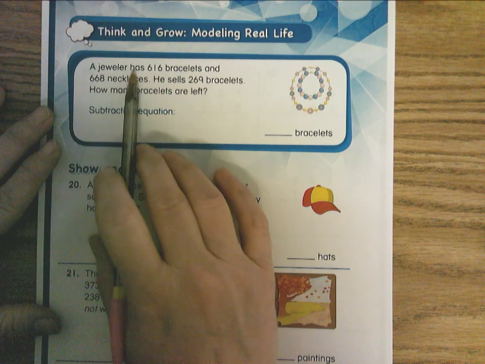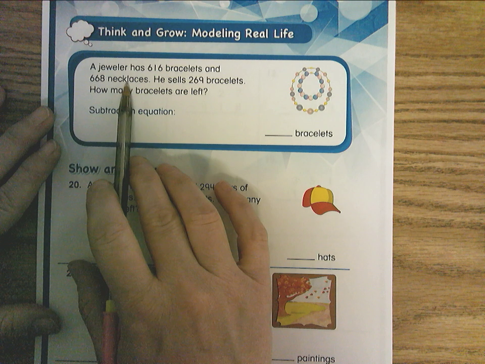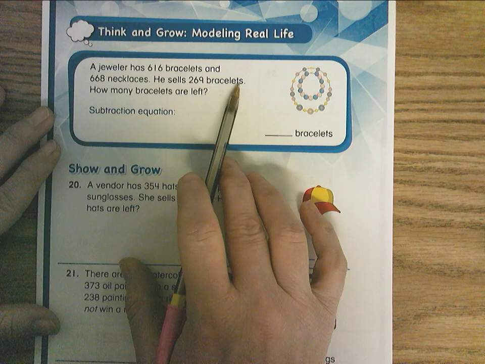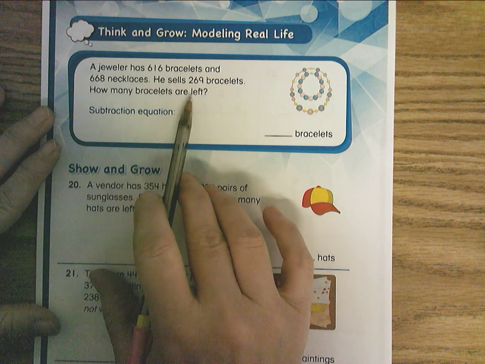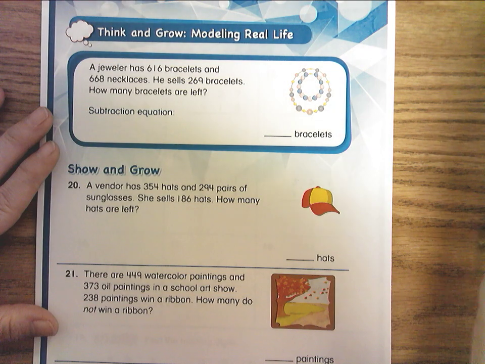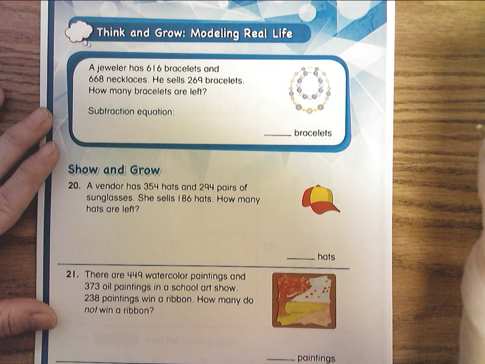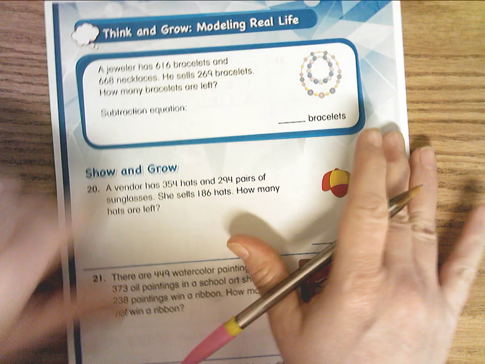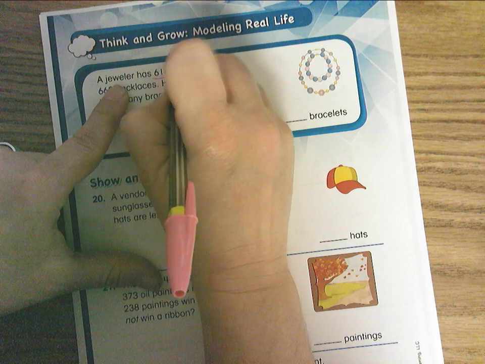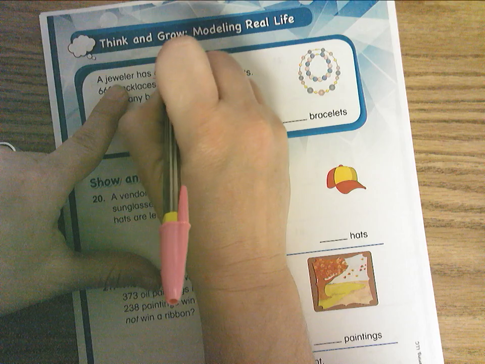A jeweler has 616 bracelets and 668 necklaces. He sells 269 bracelets. How many bracelets are left? So what information do we know in this problem? There's a couple of things we know. The first thing we know is that the jeweler has 616 bracelets, right?